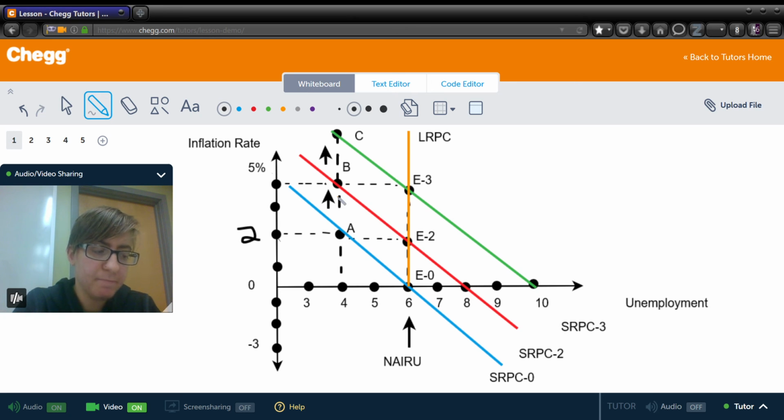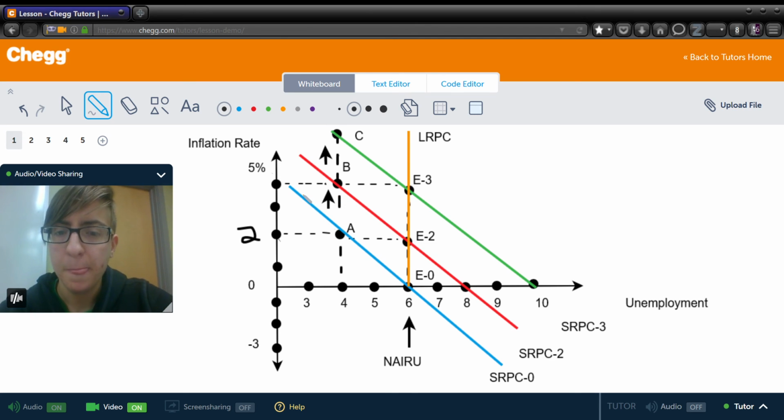So let's say the US government, the government of Germany, or the United Kingdom, anywhere you can think of, decide they want a 4% unemployment rate. Different than the 6% unemployment rate because it's on a different place along the x-axis. That means initially on your short run Phillips curve 0, they will have a 2% inflation rate.